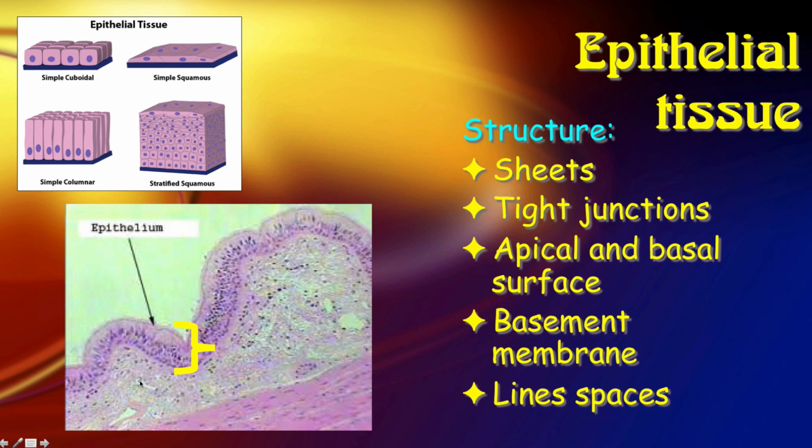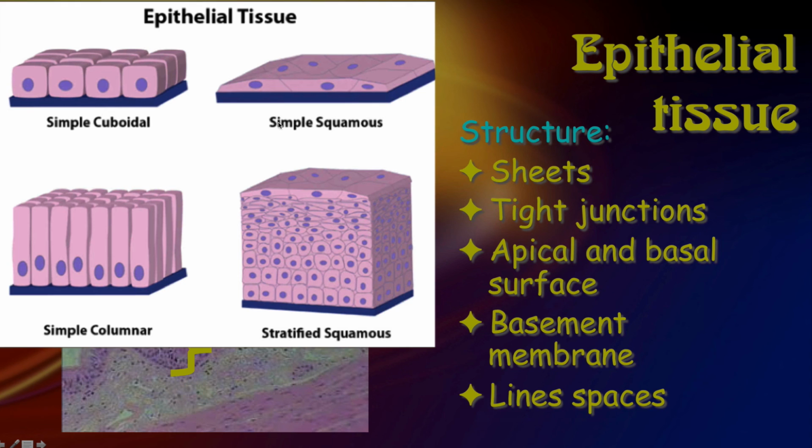And you can see on the other side, we are meeting another tissue. If we look up here, we'll see how this is. Epithelial tissues are made up of cells that come in single layers, or less often in multiple layers. And one side is facing space. This is called the apical surface.